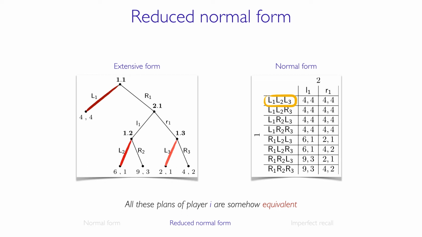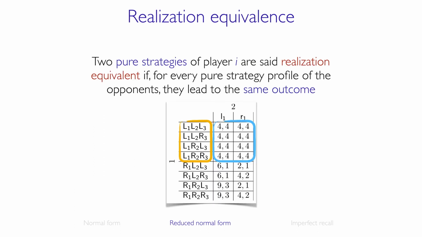It is the case of uppercase L1, uppercase L2, uppercase L3. Of uppercase L1, uppercase L2, uppercase R3, the same in this case and the same here. Technically speaking, we say that all these plans of player 1 are realization equivalent. That is, for every plan of the opponents, they lead to the same outcome.